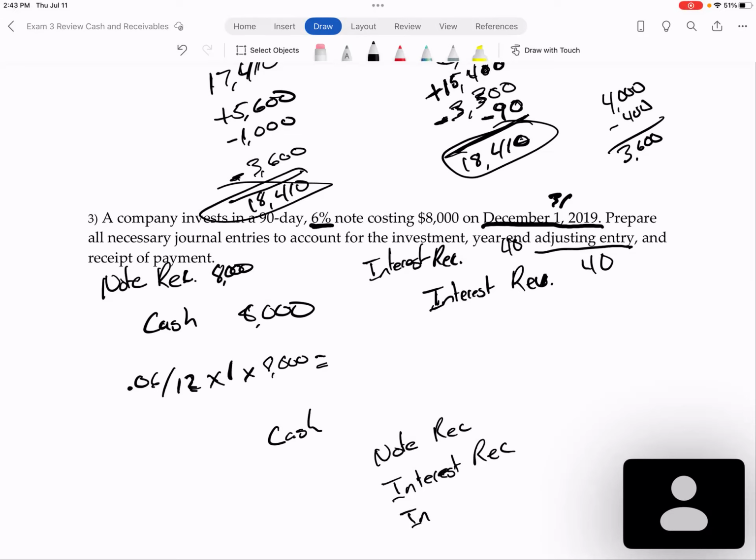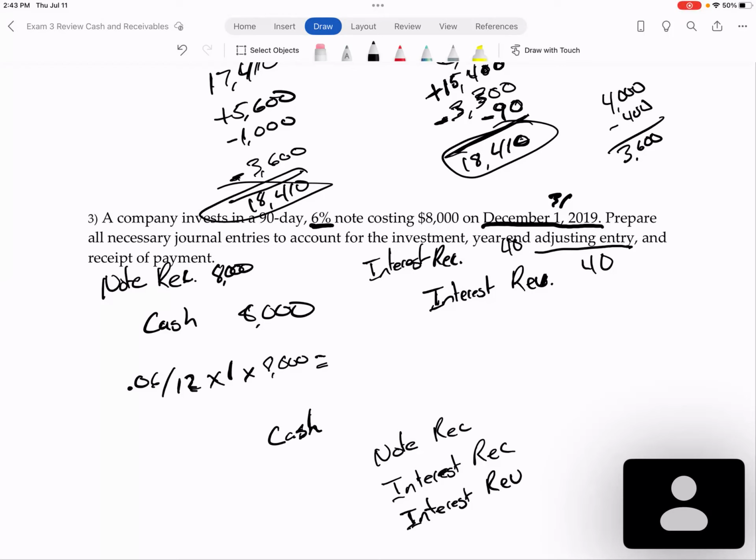Because it's 90 days. So think of that as just 3 months. Okay, we just convert that into 3 months. So we will have some interest revenue for the month of January and February, right? So your 3 months are December, January, February. That's 90 days. Okay, so that's all of the debits and credits.